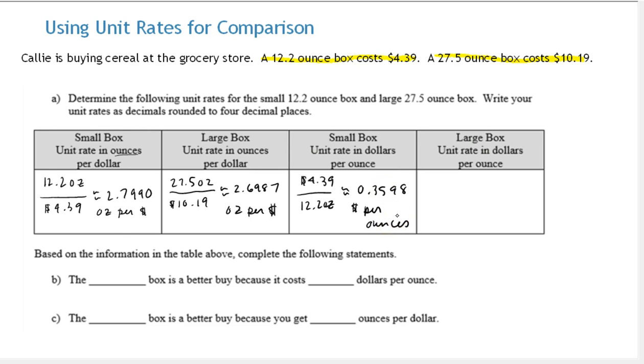Okay. So notice how that's different here. It says we get 2.779 ounces for every dollar we spend. This says we pay about 36 cents for every ounce we buy. Now let's find this for the large box. So we have 10.19 divided by 27.5.